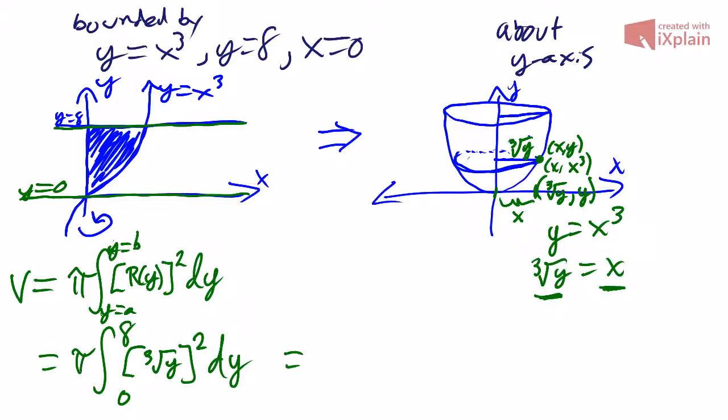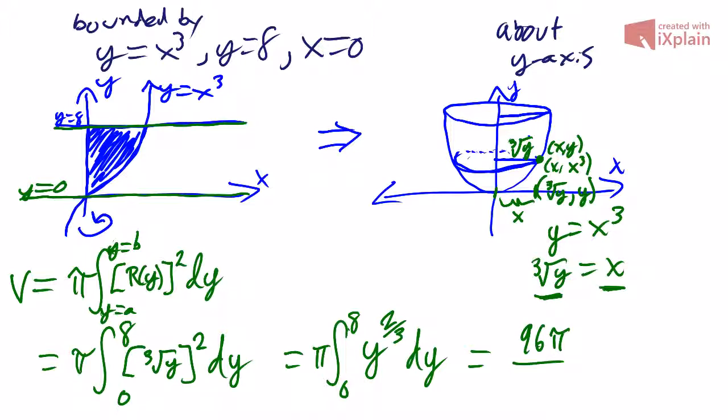So we can rewrite that integral as pi times the integral from 0 to 8 of y to the 2/3 power dy. That'll set us up for using the power rule for integration. I'll leave it up to you to evaluate that integral, and you can check that you should get 96 pi over 5.